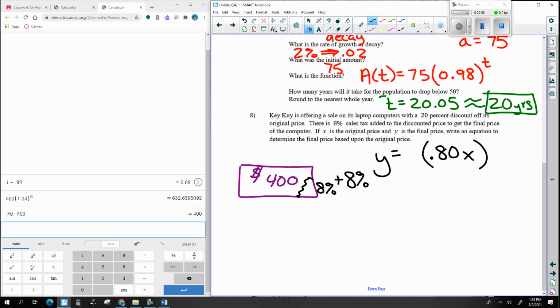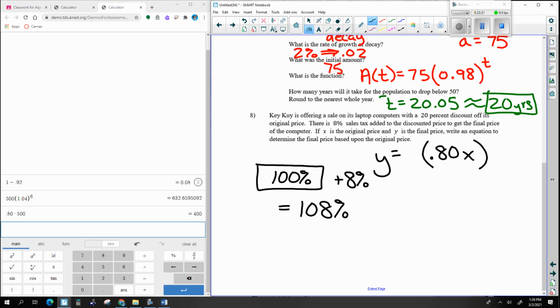So of 400, what percentage do you pay? If I have to pay an additional 8%, that means I have to pay 100% of that $400 and an additional 8%. That means I pay 108% of whatever that sales price is.